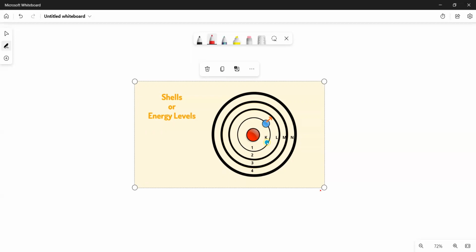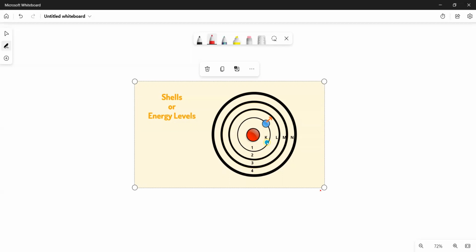He has also told that while an electron is moving in a shell, it has a particular energy, and as you move farther from the nucleus, the electron must acquire more and more energy to reach from this level to this level, right?